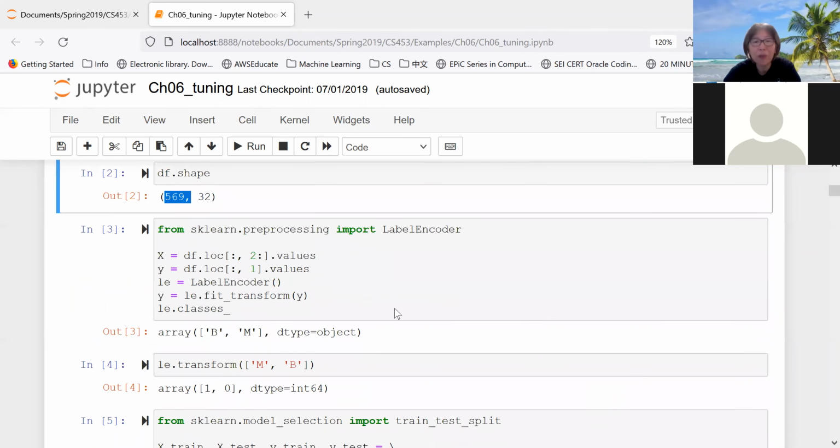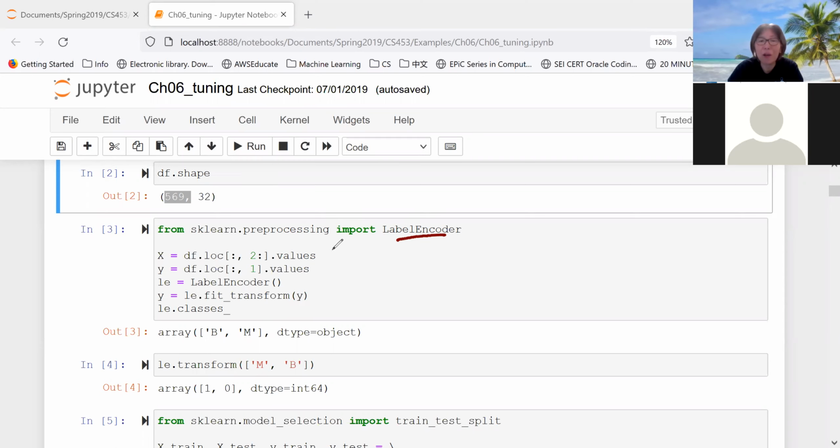Because the data set has some strings, we need to do the conversion from string to a value.